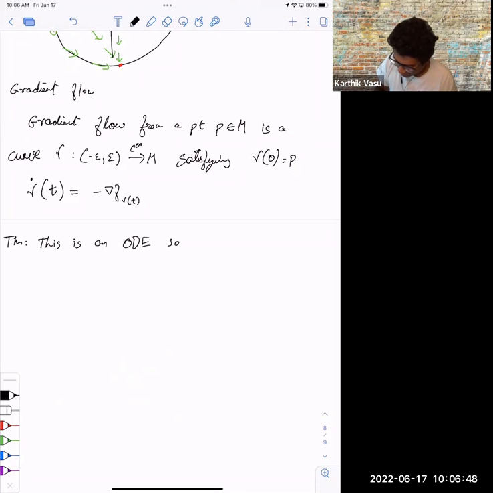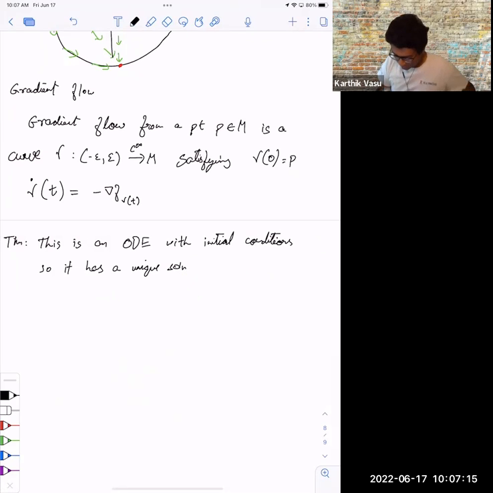Since the initial condition is given, it has to have a unique solution.